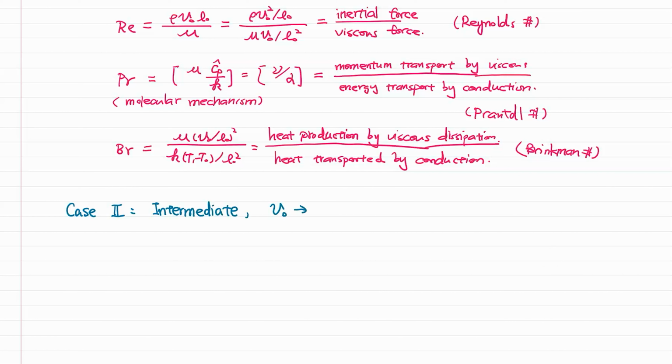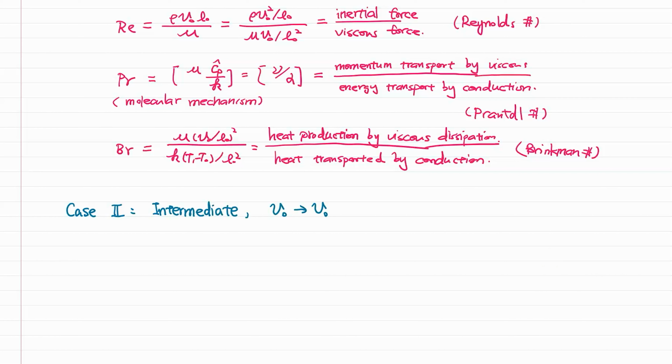So we can still use a characteristic velocity, meaning that there is still some forced convection giving us a characteristic velocity. So the terms in the brackets are basically mostly the same.